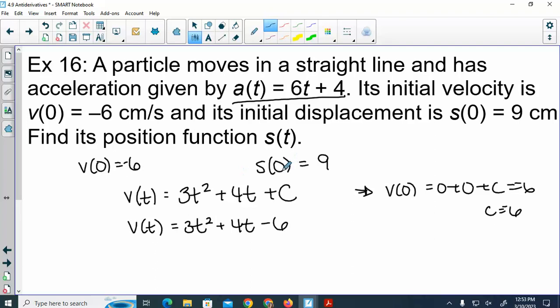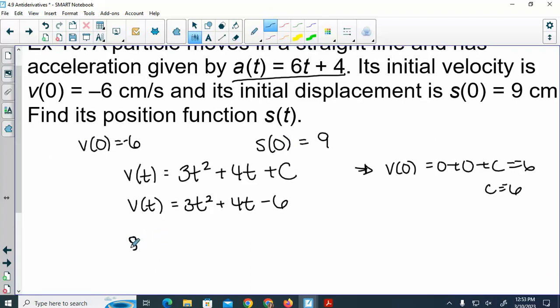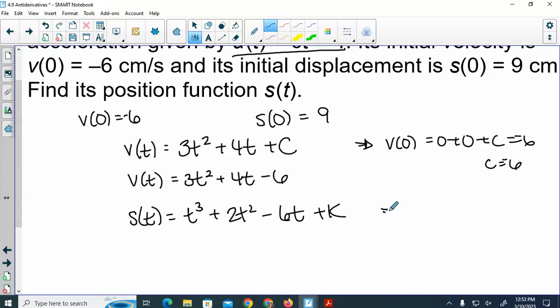Alright, so then we need position. The antiderivative of velocity is position, so that would be, and we can find k because we know s of 0, we plug in zeros for all of our t's, equals 9.